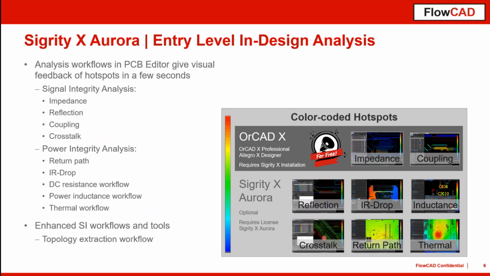The further analysis workflows then require the Sigrity X Aurora license or the two tokens. I will dive into the workflows a little bit later on. Since we had a very deep webinar about the Aurora usage, you can get the download link or the presentation upon request, because I want to keep the introduction quite short.